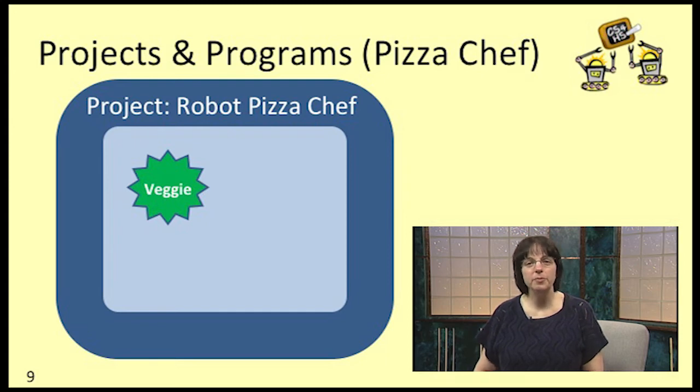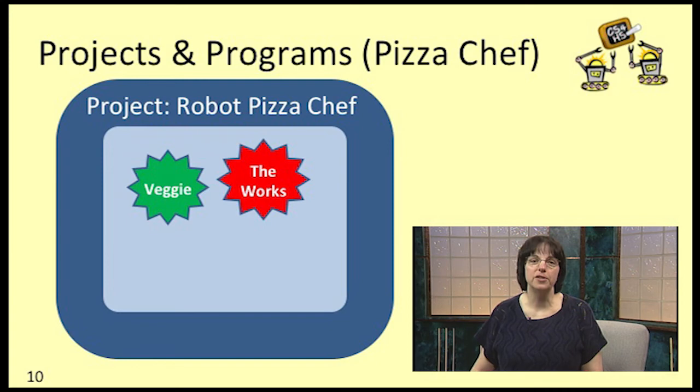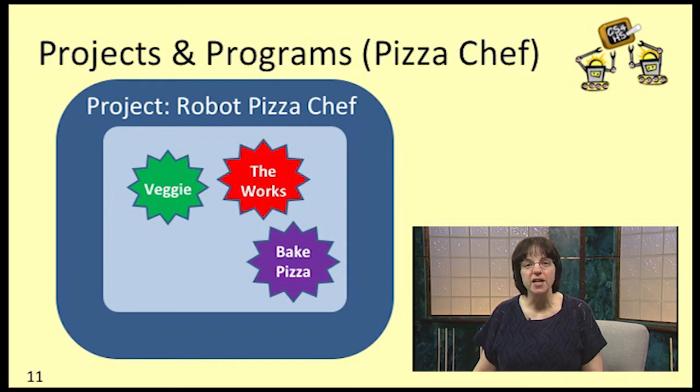Make a vegetarian pizza might be one program. Make a pizza with the works could be another program. The project could have yet another program called Bake the Pizza. Later on, you might write yet another program like Make a Supreme Pizza. But all of these programs are part of the Robot Pizza Chef project.